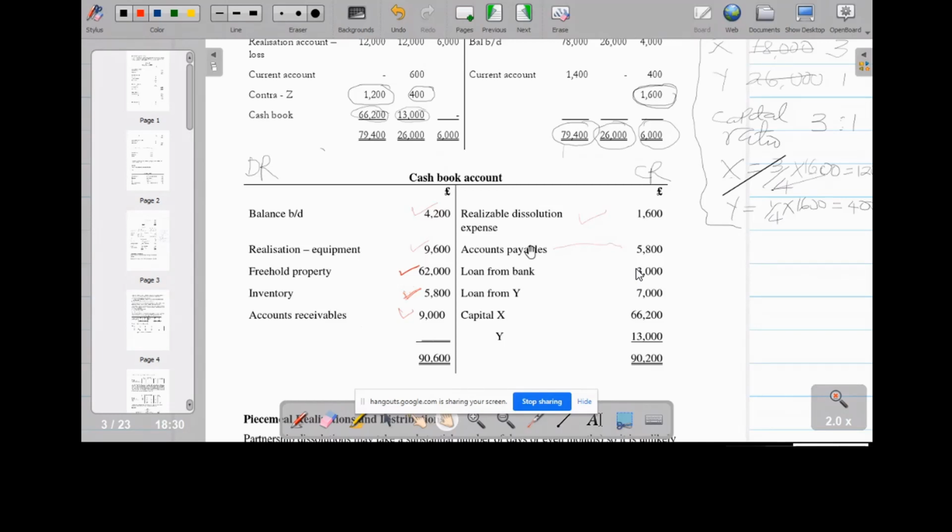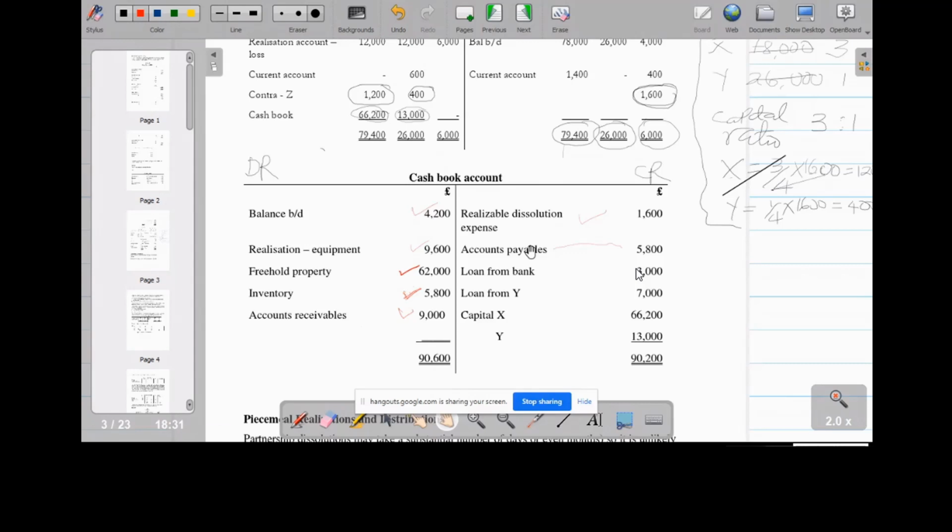So what are you getting? Why is it more? What is the difference? There is a difference of 6,000.